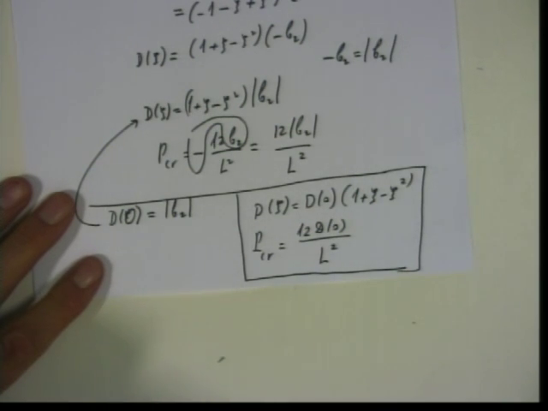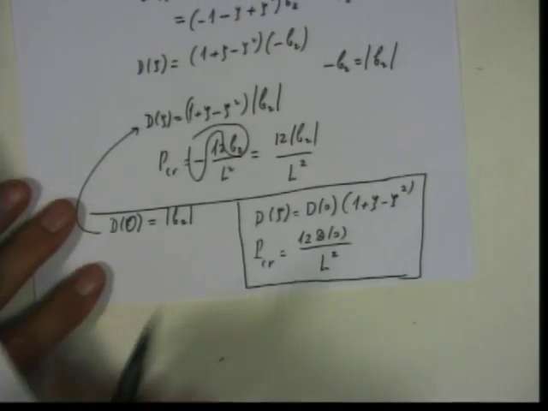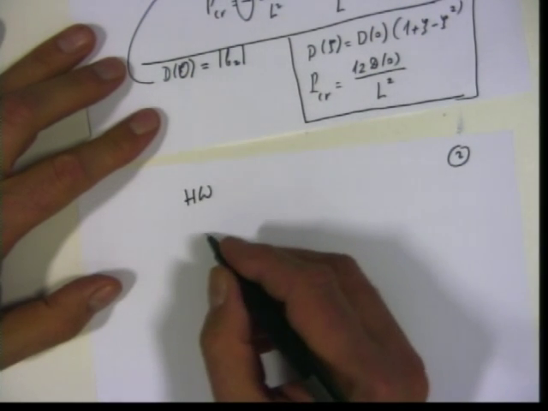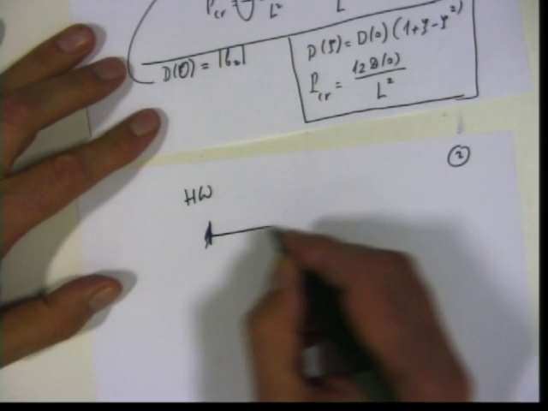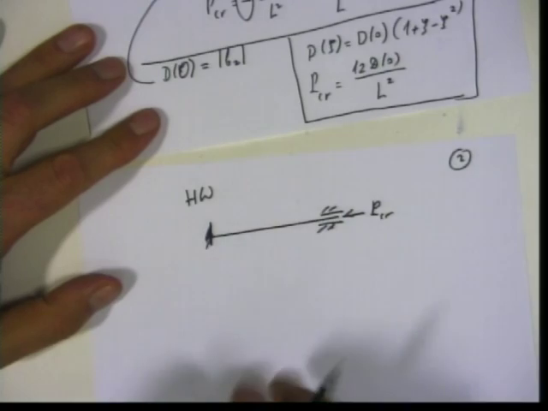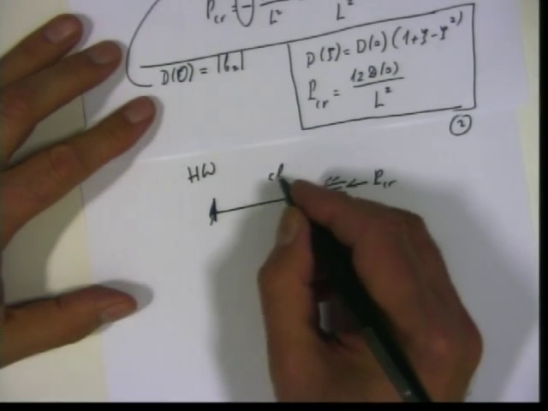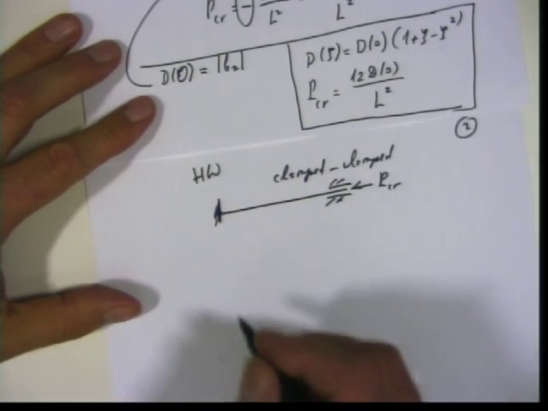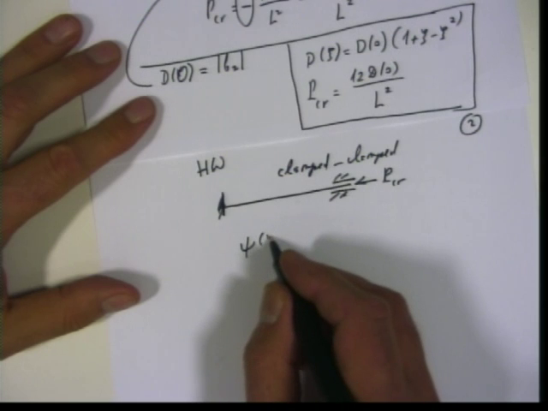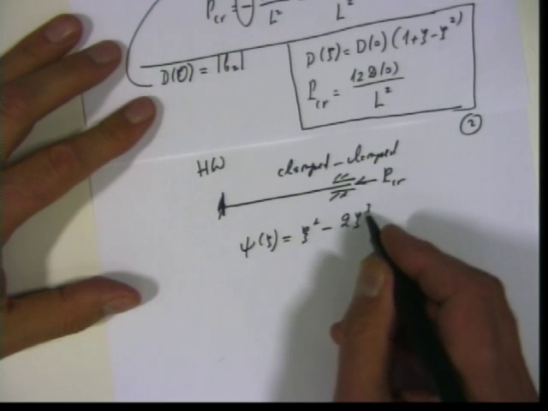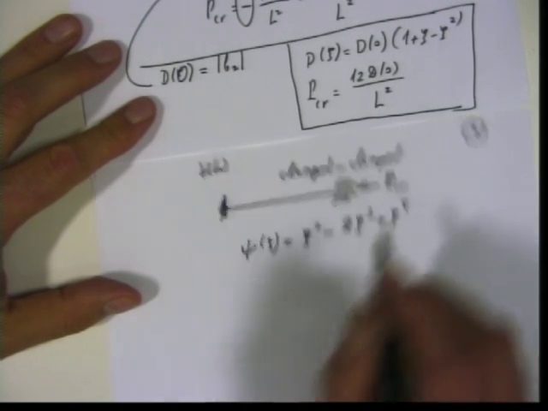Then I asked you to do some homework at home: a clamped beam, a column. Clamped. So psi of xi equals xi squared minus 2 xi cubed plus xi to the fourth power.